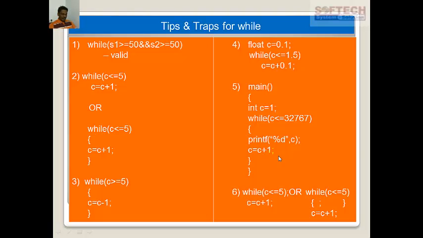Minus 32768 plus 1 is minus 32767. The condition is true. It displays. So it infinitely displays. It starts with 1, then displays up to 32767, then minus 32767, minus 32766, then minus 1, then 0, then 1, 2, 3, 4, 5, 6. So it infinitely displays.